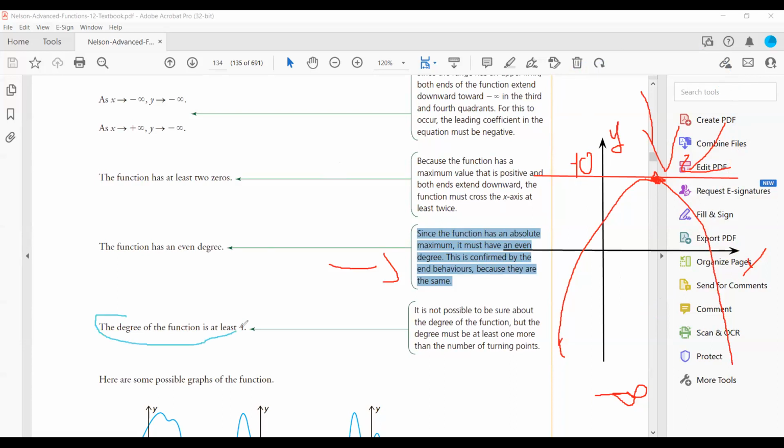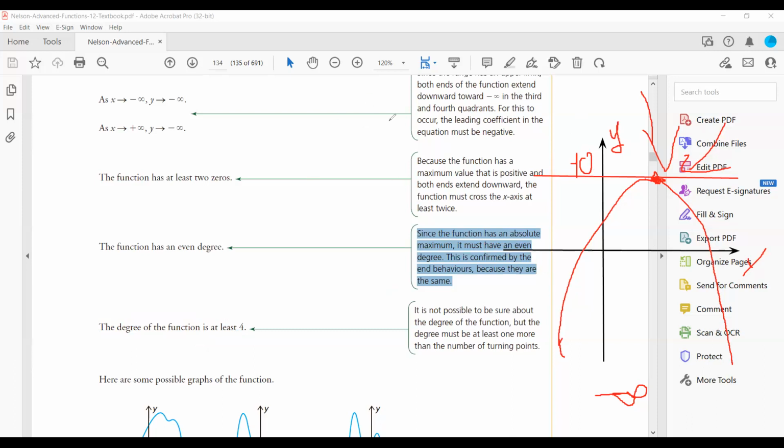The degree of the function is at least 4. This is an interesting notation because if you take a look at the graph, I express this graph as a quadratic function, first of all. And you see that this quadratic function corresponds with the characteristics that we just mentioned.